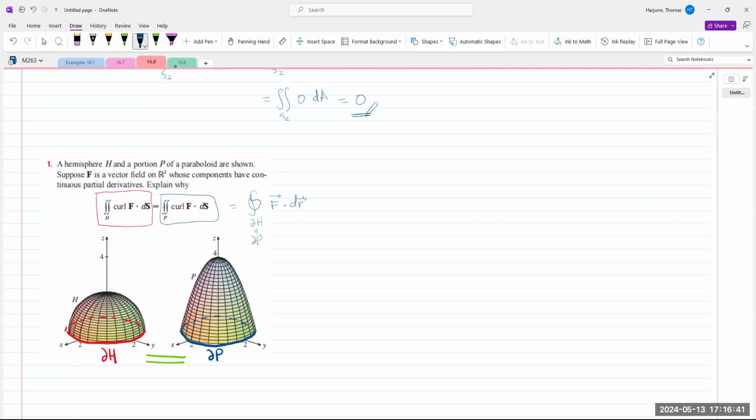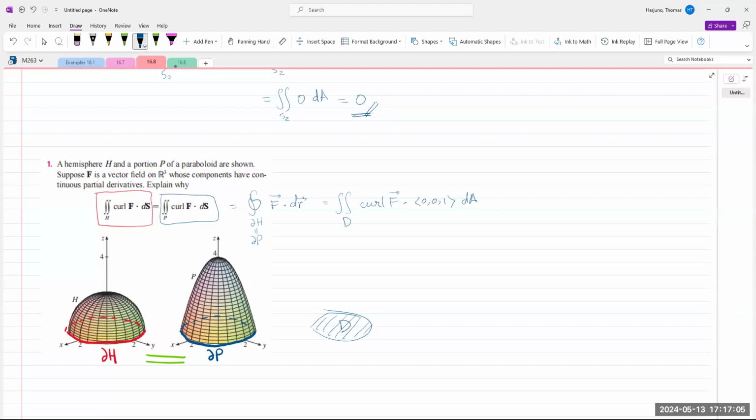In fact, we can say something more. This equals the double integral over the domain D, which is basically the flat circle on the xy plane, of curl of F dot dS, which is dot (0, 0, 1) dA, right?